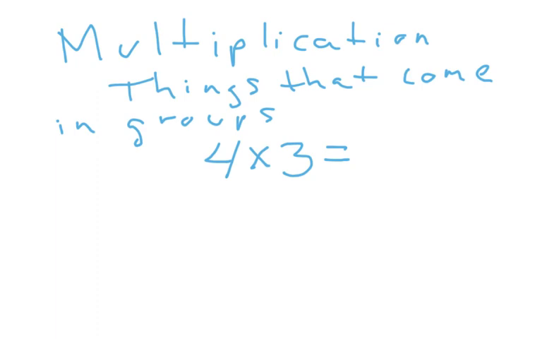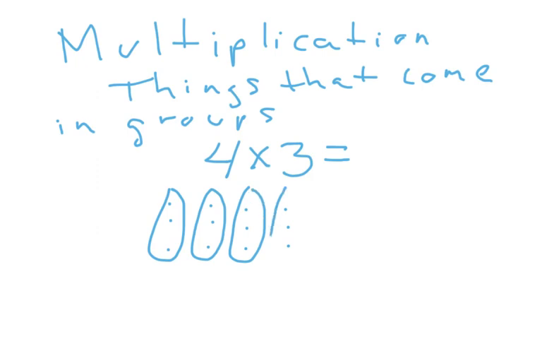Well, each tricycle has 3 wheels. There's 1 tricycle, 2 tricycles, 3 tricycles, 4 tricycles. So as you can see, we have a total of 4 groups of 3. It's things that come in groups, and that's a total of 12 wheels.